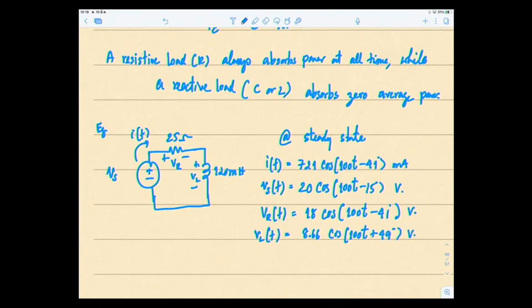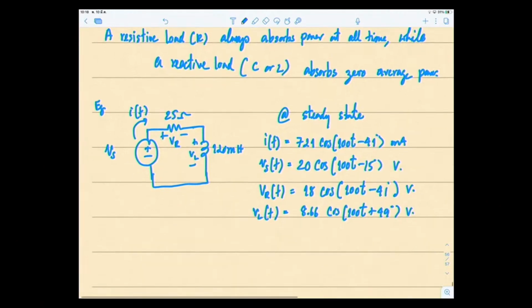So these are the given functions for the voltages and the current in the circuit.